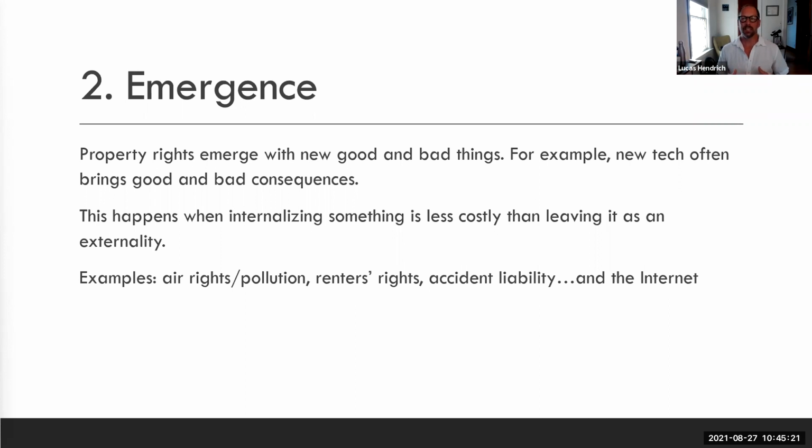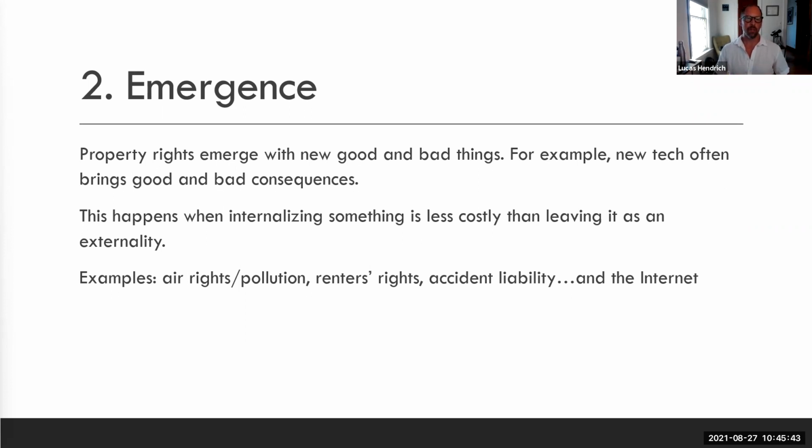So here we're seeing that property rights are emerging in a particular context, and not imposed upon the actors in that context per se. It kind of emerged because of the necessity that comes out of these new externalities that were introduced.